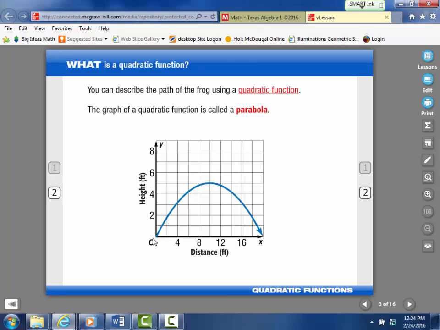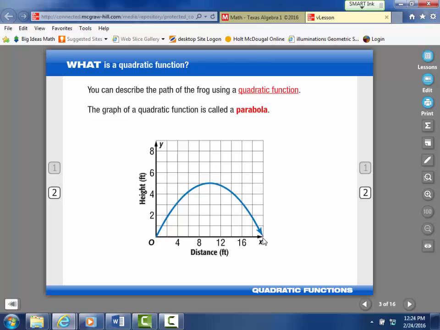The domain of a quadratic, well, this particular quadratic that we're showing, it starts at 0, and then it appears to go on forever. Because of our situation with the frog, we're not going to have anything over here, and when it hits the ground, that arrow is kind of misleading, isn't it?